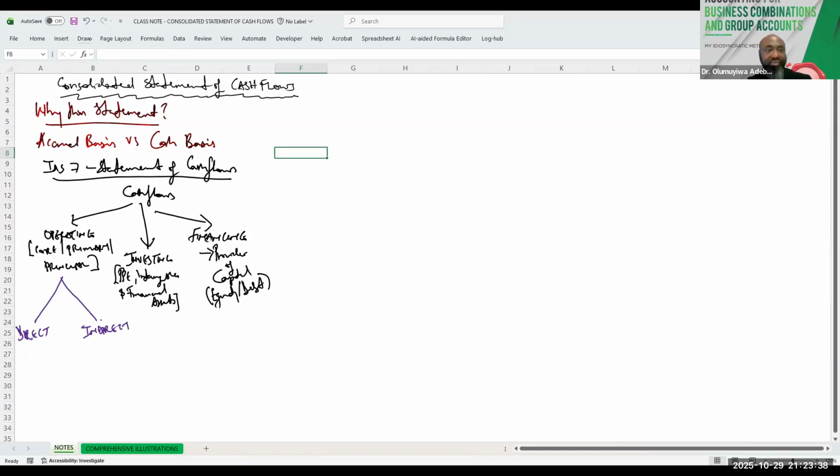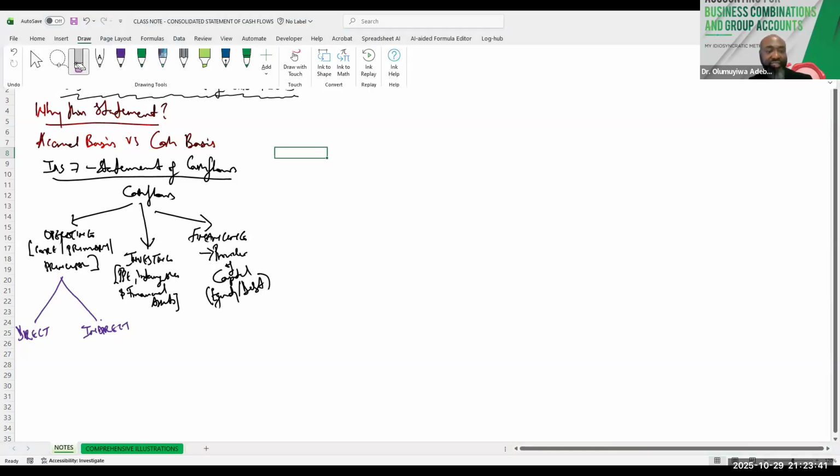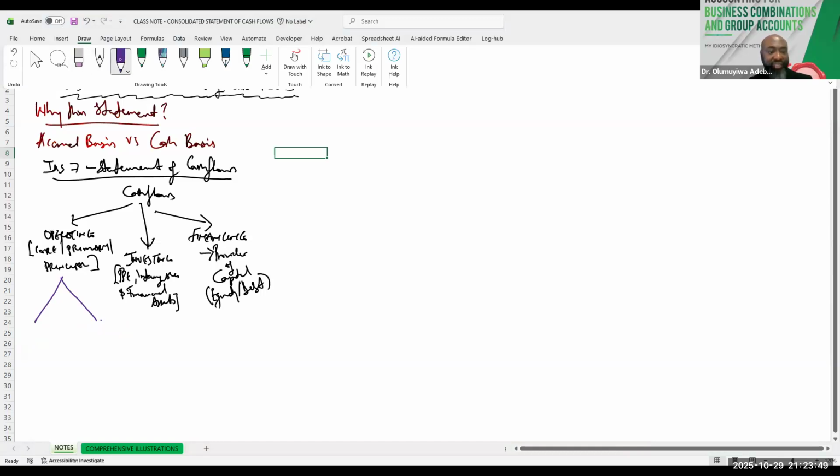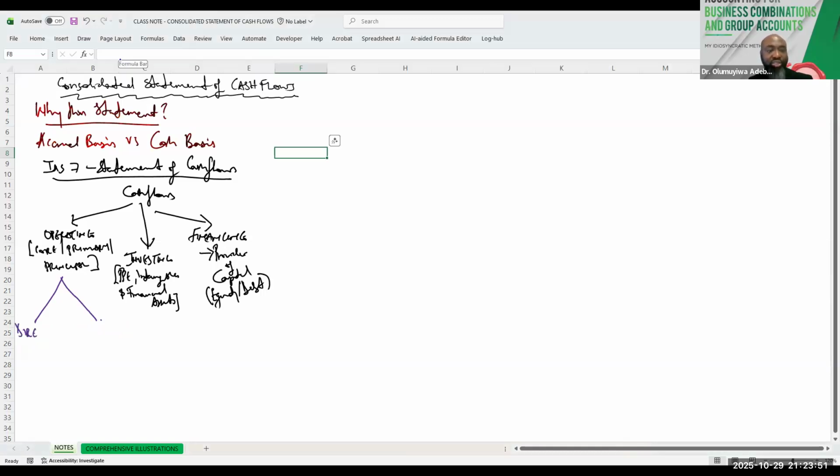What is the difference? For the direct method, we are trying to look at the nature of those transactions or categories of transactions that are the source or sources of cash into the company, and also those that constitute outflow of cash away from the company.